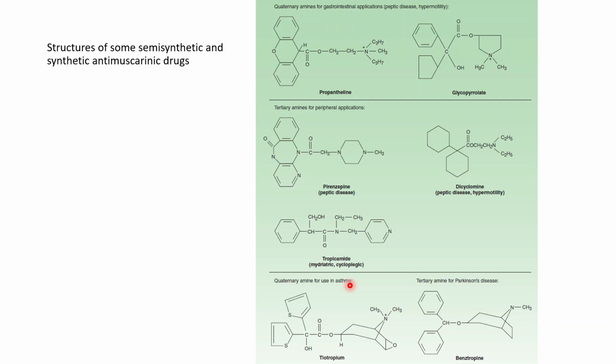That is why, for example, scopolamine is used as a transdermal patch. And quaternary amines are absorbed poorly. For example, tiotropium is not absorbed much at all, and this difference is very important.